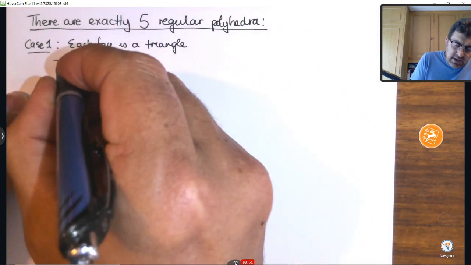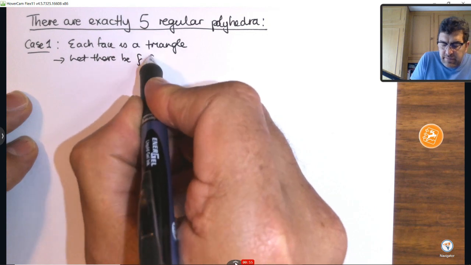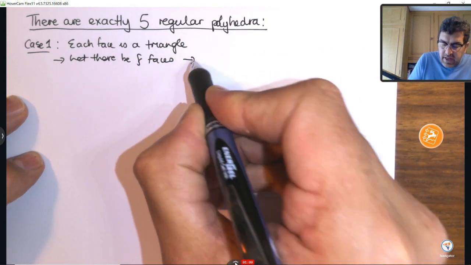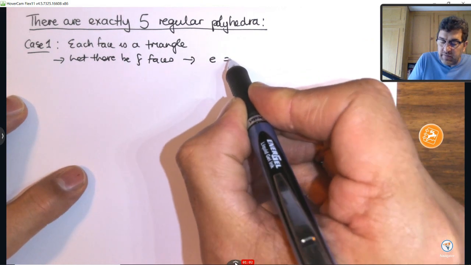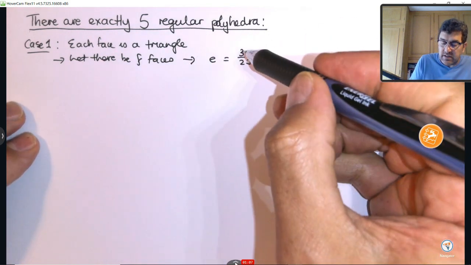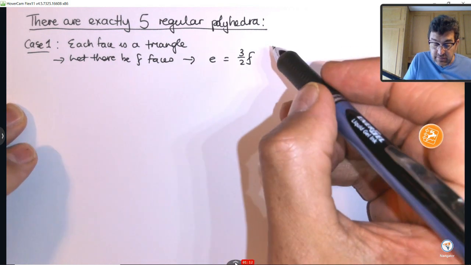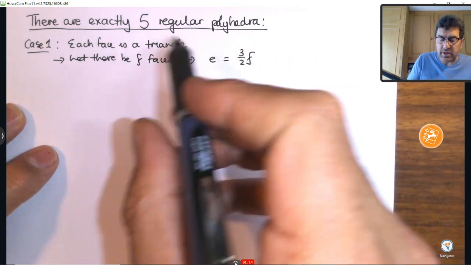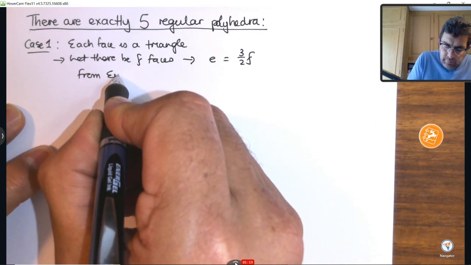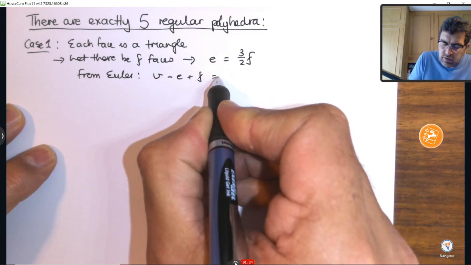So we're going to say let there be f faces. We're fixing the number of faces, and from that we can say that the number of edges, we've seen this before, will be at most 3 over 2 times the number of faces. If we bring in Euler's formula, we have V minus E plus F is equal to 2.